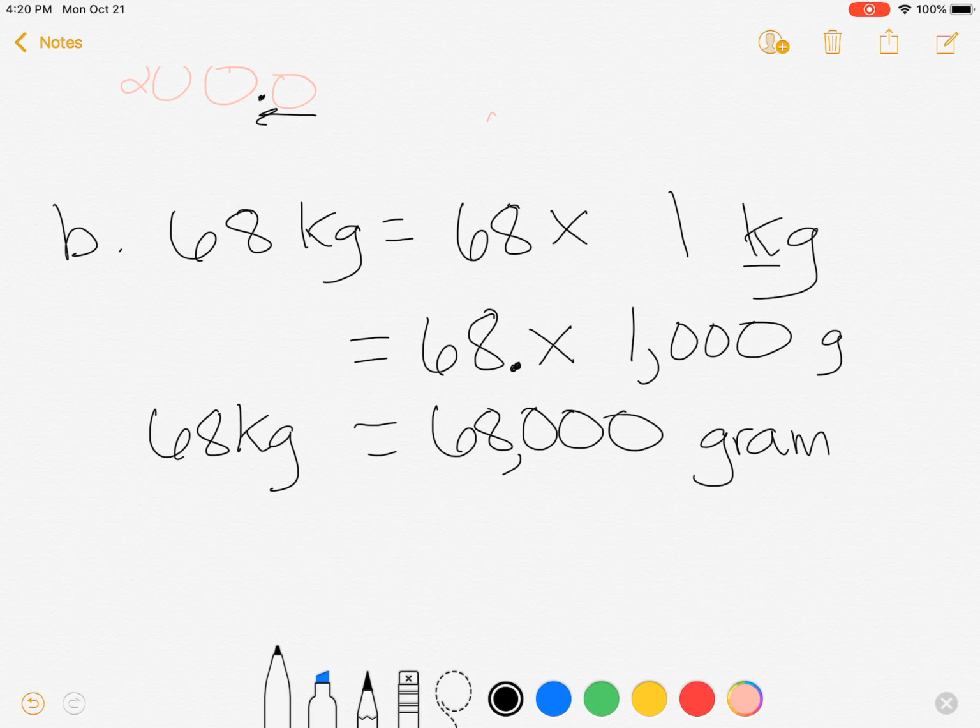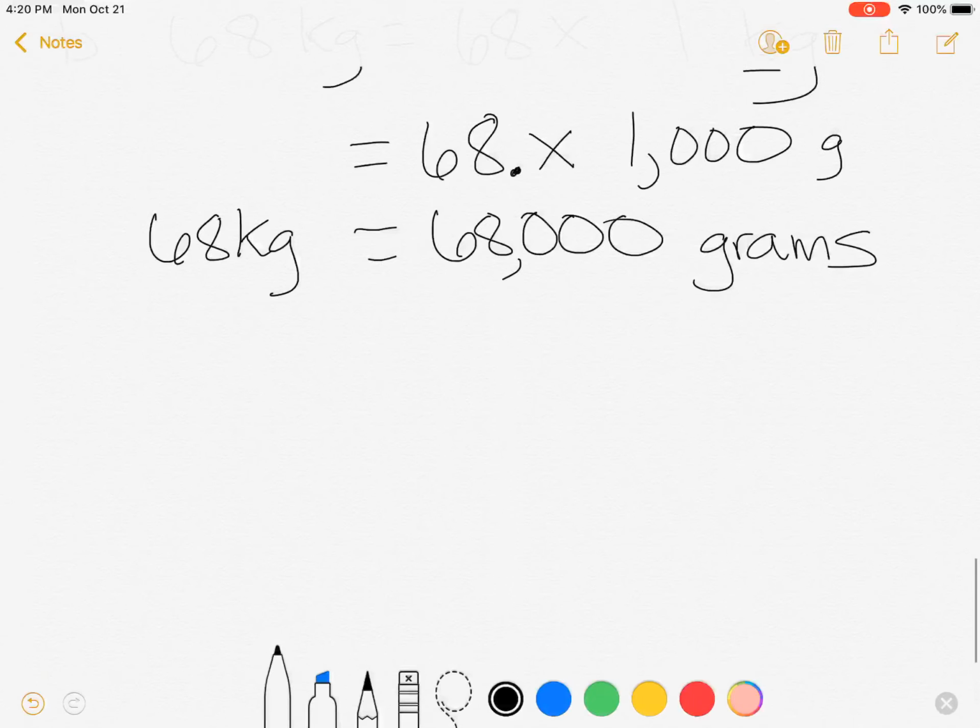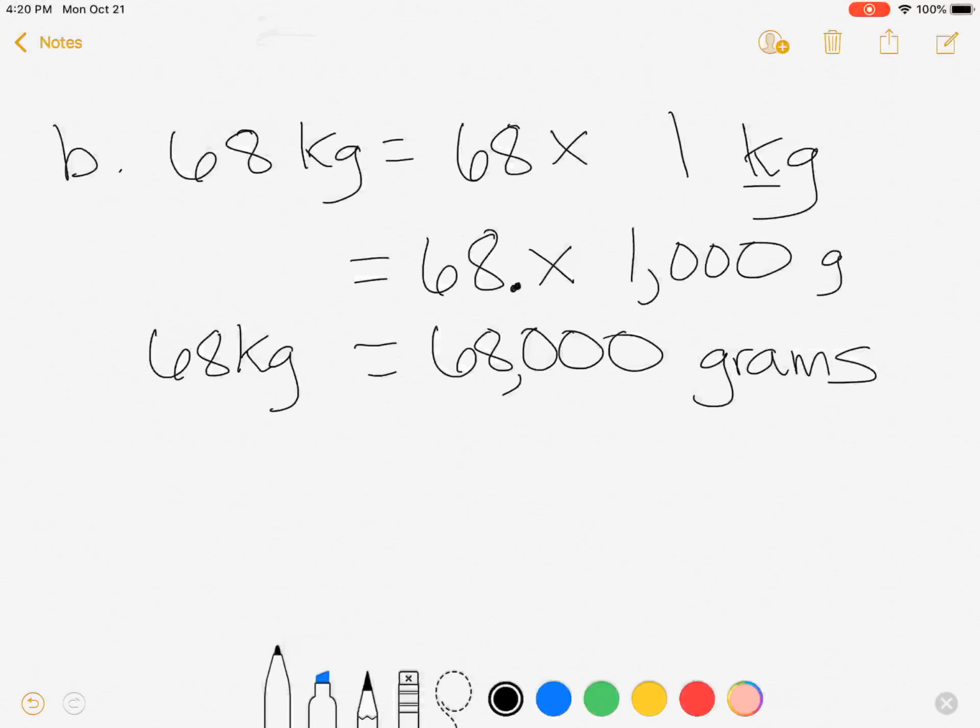Now, how would we state the sentence? It says to write a statement to express each conversion, which we call CSRQ, complete sentence restate question. Does anybody want to do that for me? Okay, go ahead.